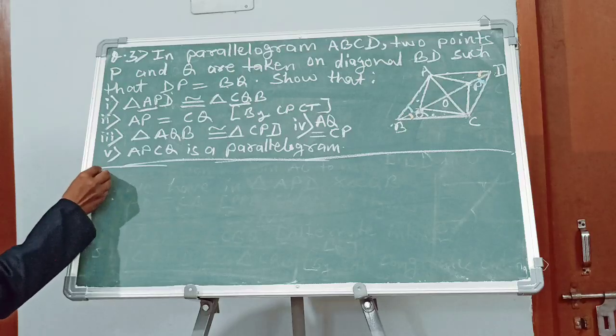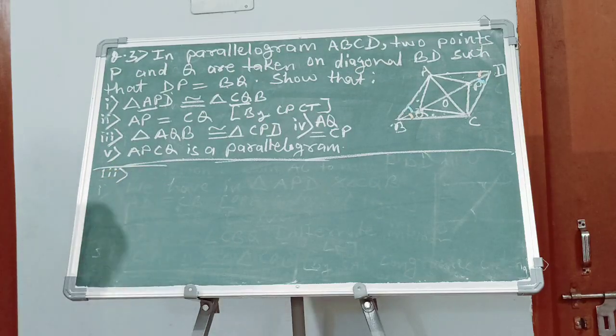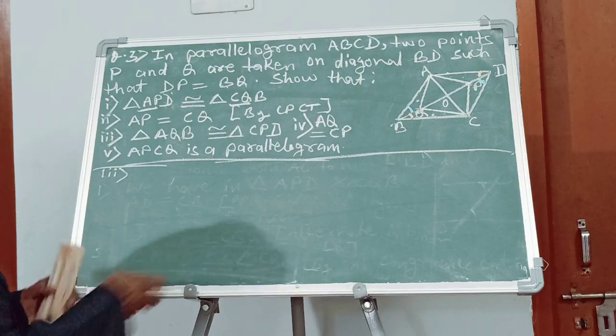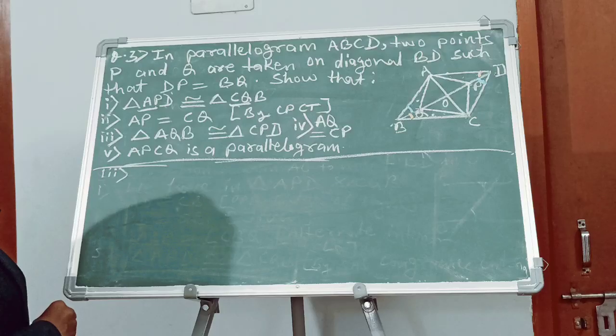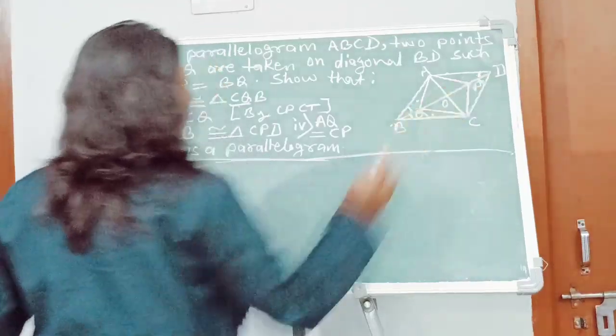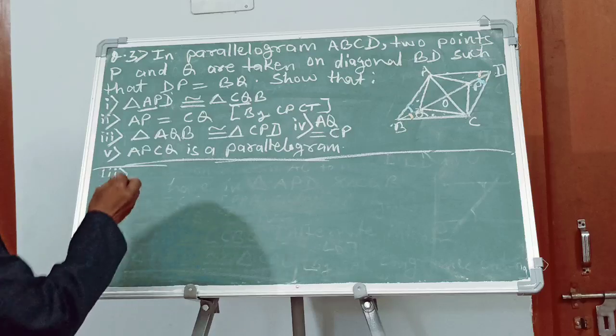So let us see third. In third we have to show that triangle AQB is congruent to triangle CPD. So let us see what are the common things in these two triangles.